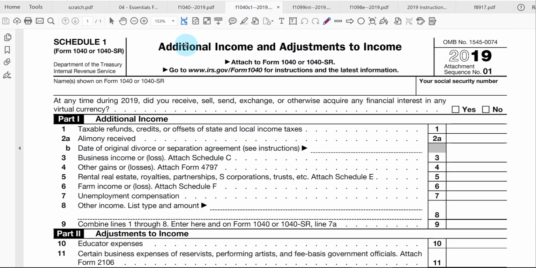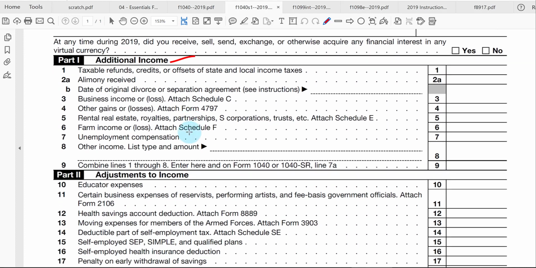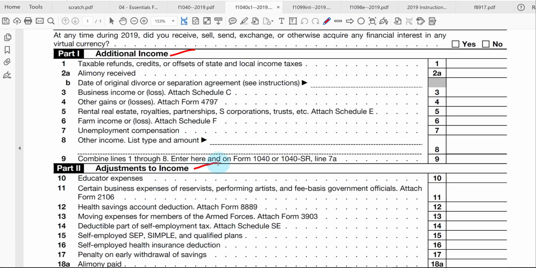We've seen this form. Remember, we had these additional income items back in chapter 3. Now here in chapter 4, we're going to look at the deductions, the adjustments.